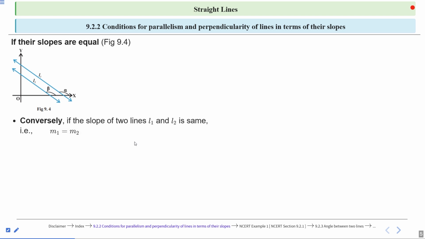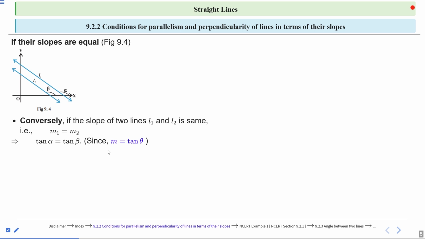If the slopes of the two lines L1 and L2 are the same, that means M1 equals M2.